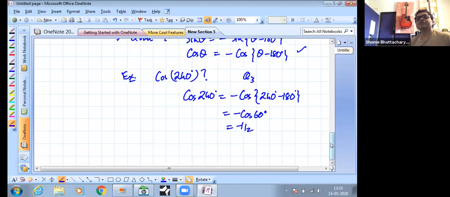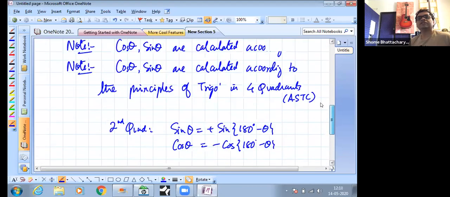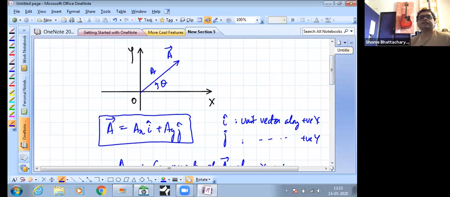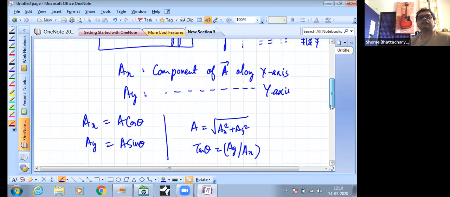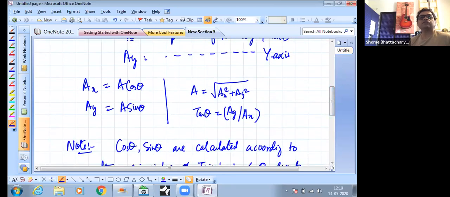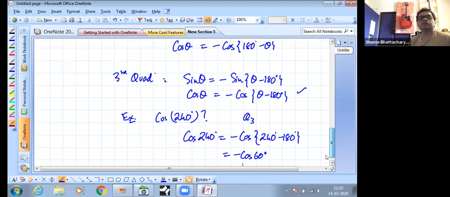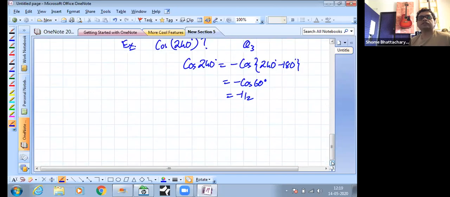So these are the principles that we use when we are substituting sin theta and cos theta for a given vector like this. So if the vector is in the second quadrant, theta will be obtuse. If the vector is in the third quadrant, theta will be between 180 and 270. And accordingly, when we are calculating the components by these two formulae, E cos theta and E sin theta, we will have to take into account these particular formulae for each of the quadrants.